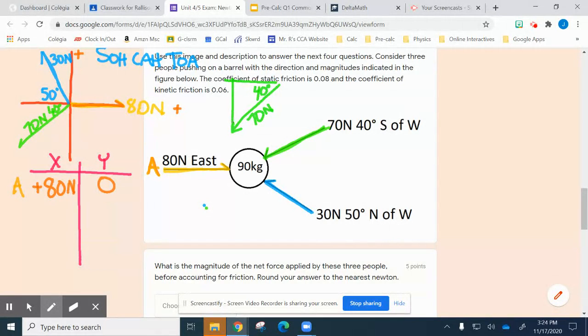And so we want to find the x part of this and the y part of this. So how are we going to do that? Well, it's trig again.